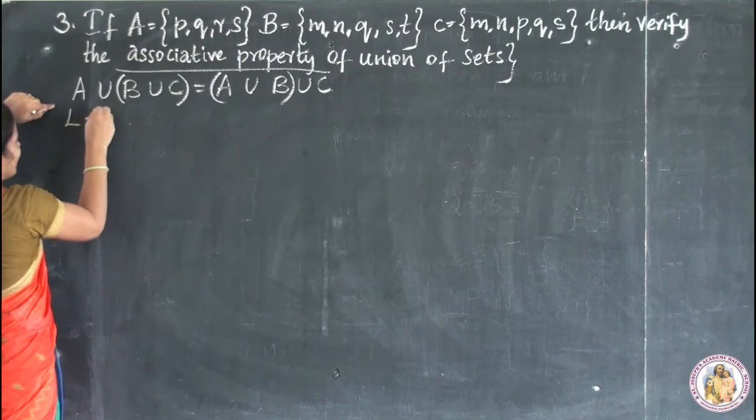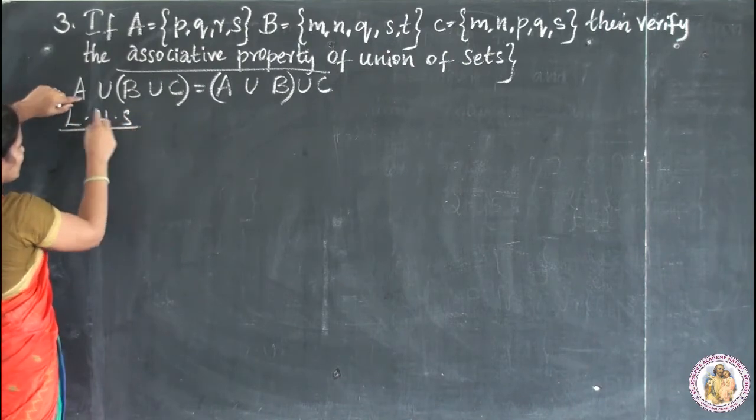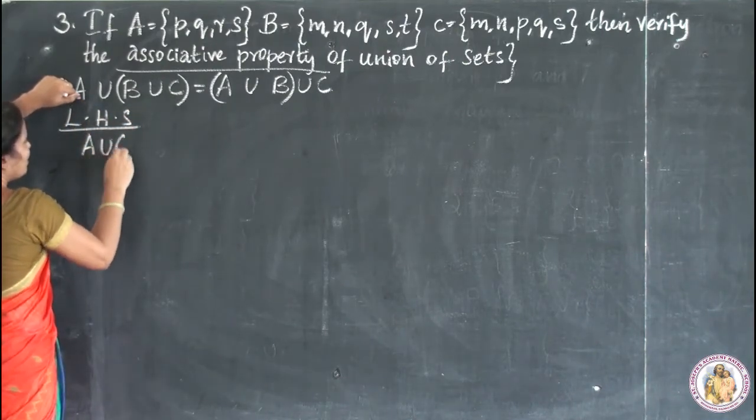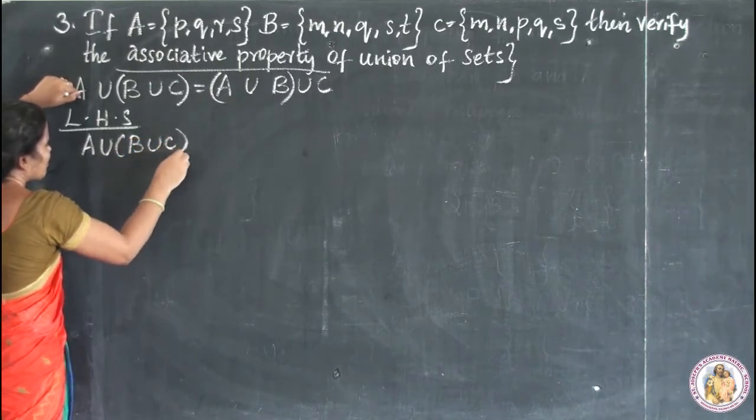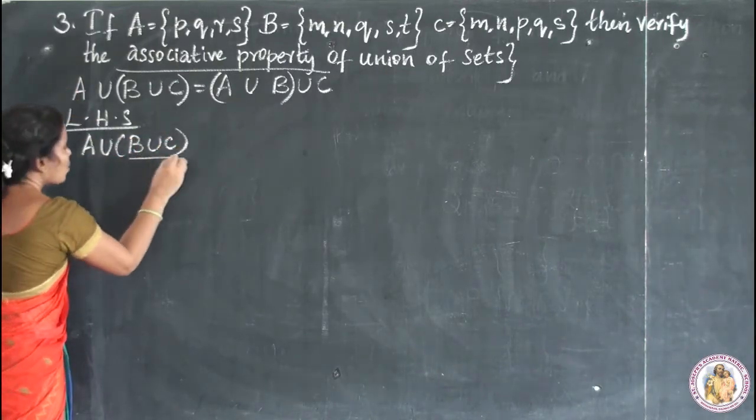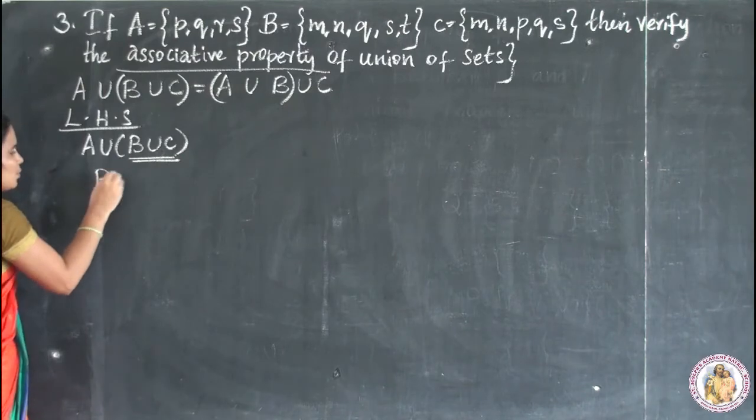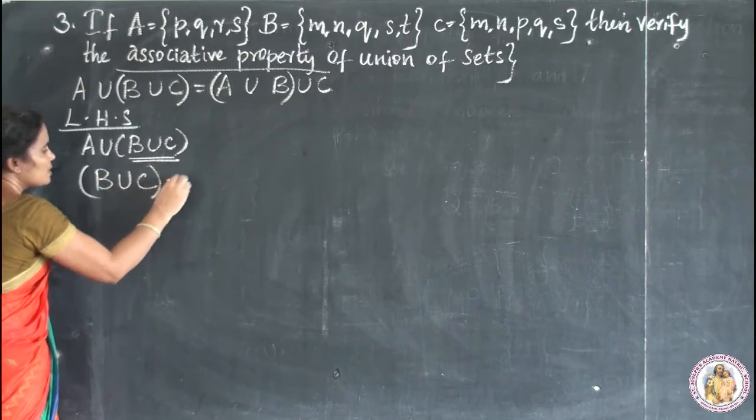Okay, and now let us move on to the question. First of all, start with LHS, that is A union (B union C). Go with the bracket, that is B union C. What is B union C?